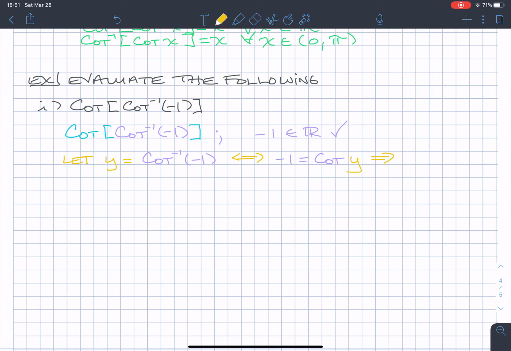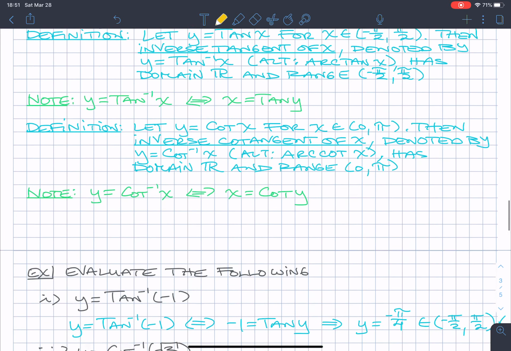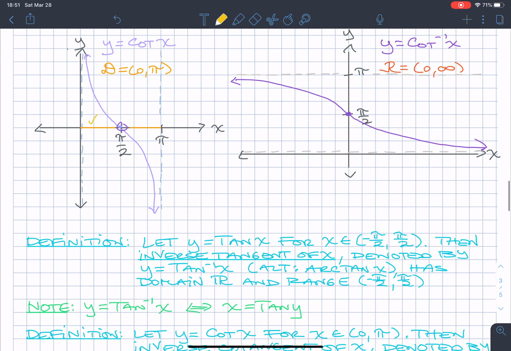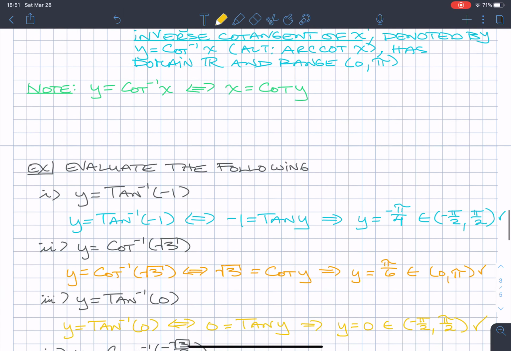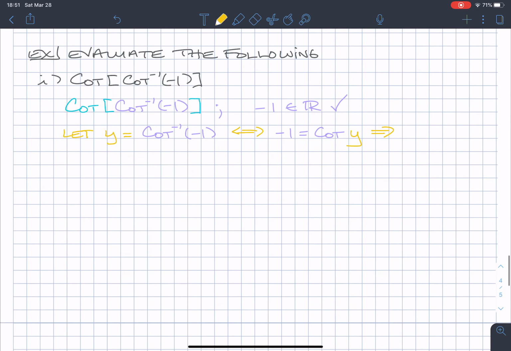So cotangent of y being equal to negative 1 has an angle y that has to be between 0 and pi. Since it's negative, I claim I'm in quadrant 2. So what is the 45-degree reference angle in quadrant 2? That's 3 pi over 4.